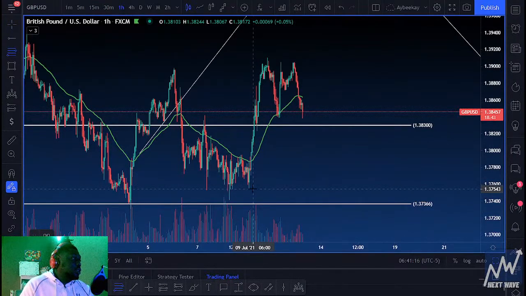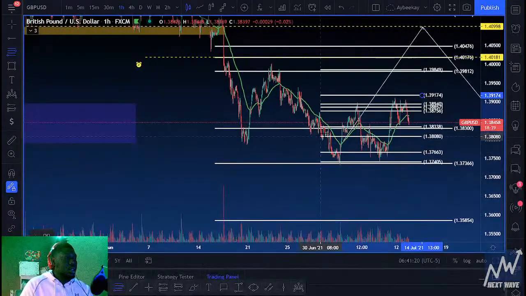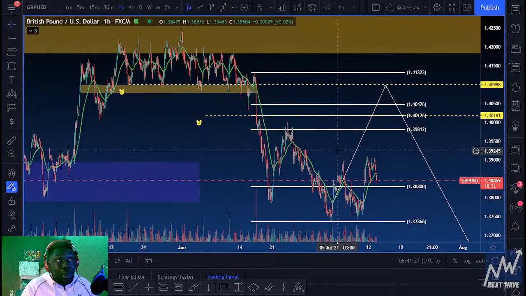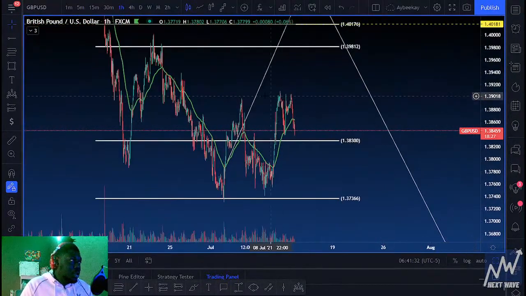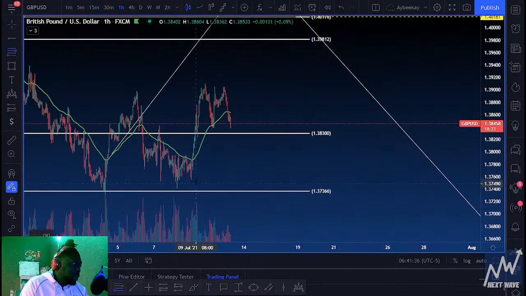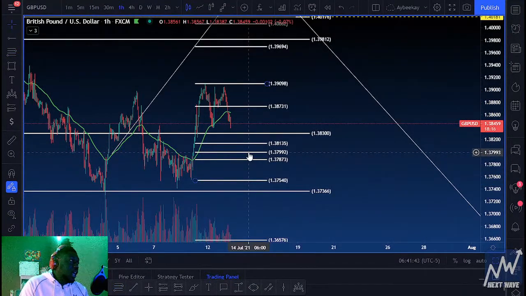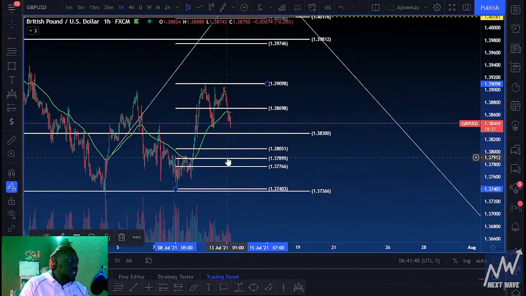But regardless, I still do want to see this play out on GU for price to come up to like 1.40176 or 1.41, and that's where I'll be looking for sell opportunities realistically, rather than off of here. Just like how Peyton had mentioned, the possibility of this playing out does exist, or price comes down to like 1.37 or 1.3800, or even 1.37895.